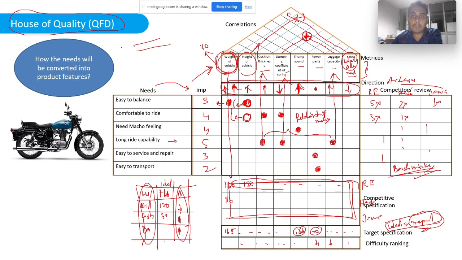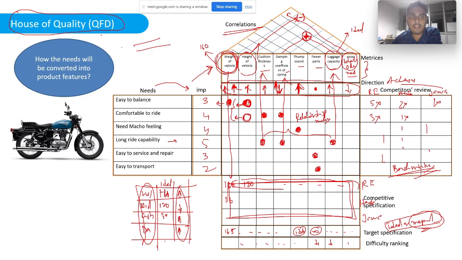Yes, sir. That means if you want to fix something, if you say luggage capacity I will fix at ideal, that means you need to increase your damping coefficient.